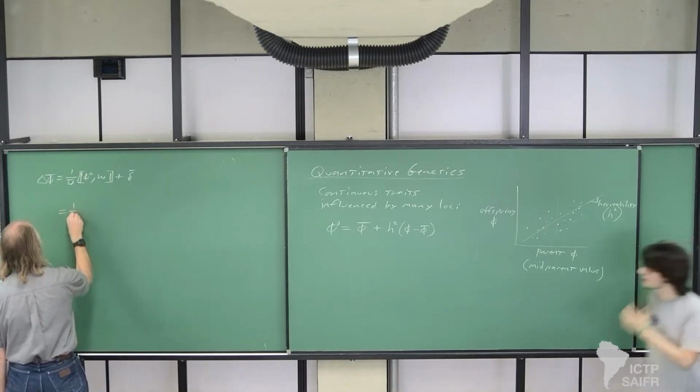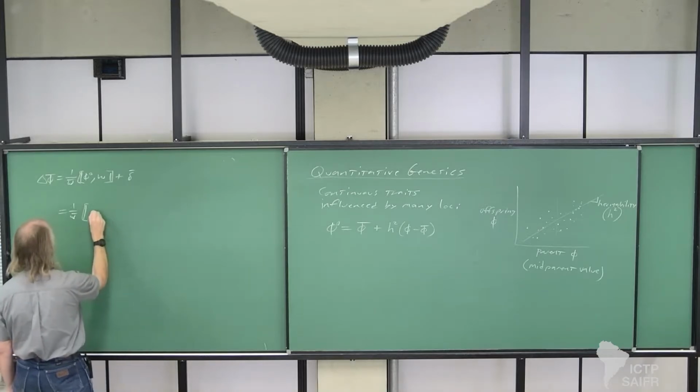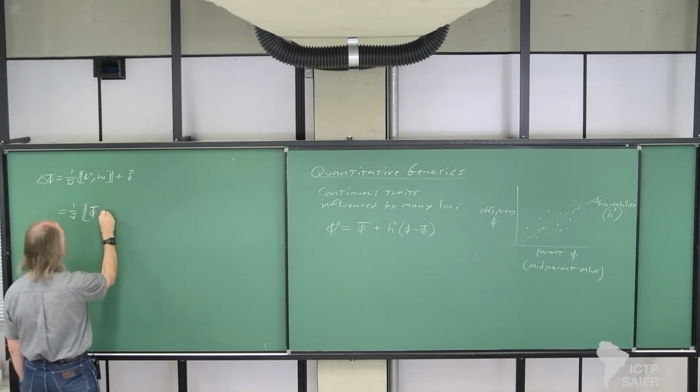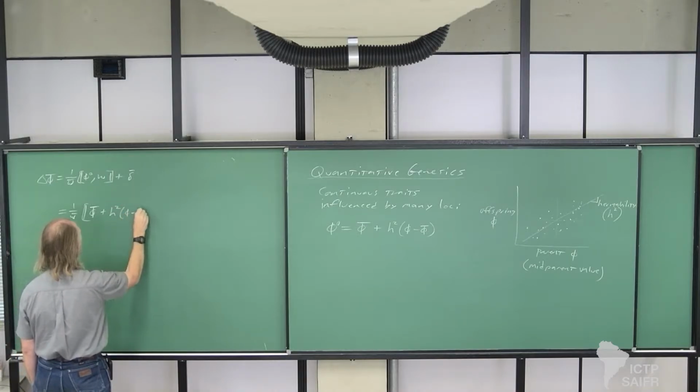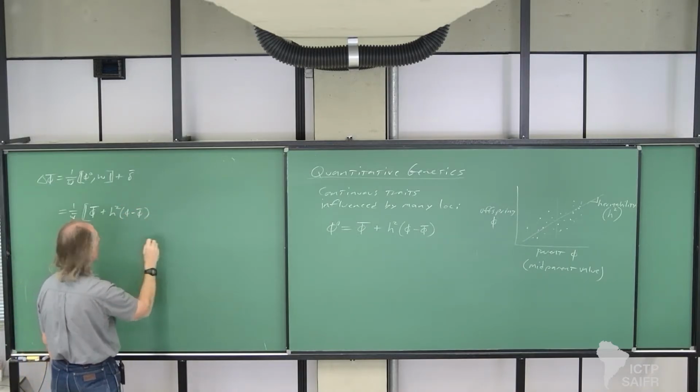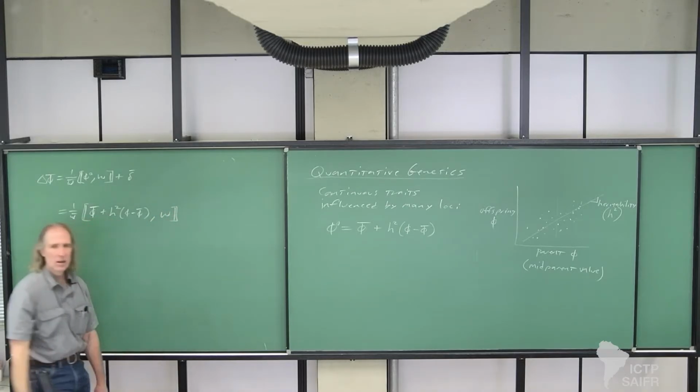We get 1 over W bar covariance of phi bar plus heritability times (phi minus phi bar), that with fitness. Here's a nice thing.